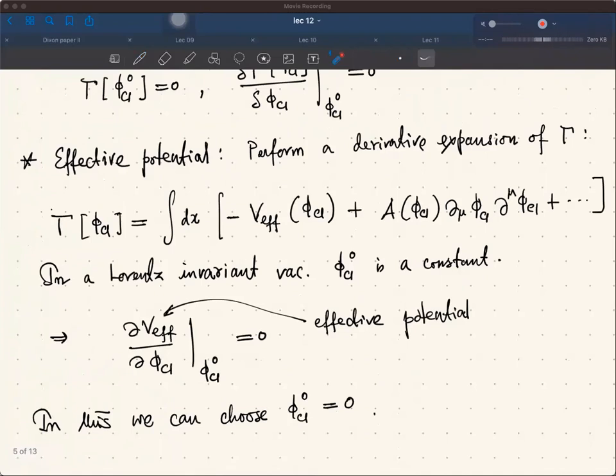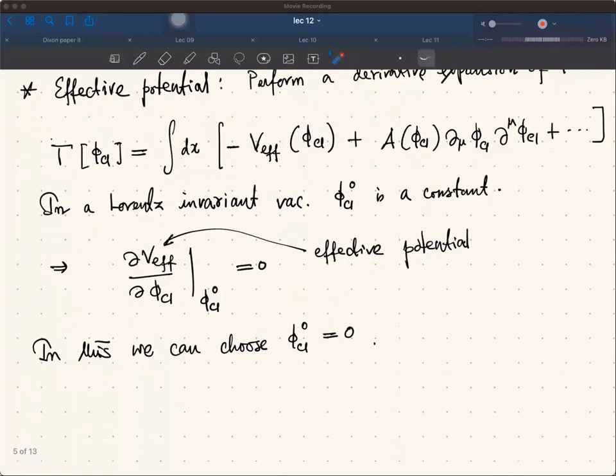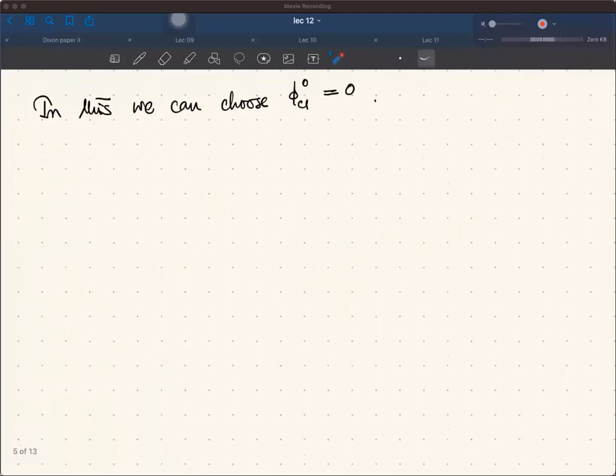Then this is a derivative expansion. You could also expand in a different way in powers of phi CL, in which case you will have a phi CL to the power 2 term, phi CL to the power 3 term, and so on. You are counting the powers of phi CL instead of the powers of derivatives of phi CL. So let us look at the quadratic in phi CL term.